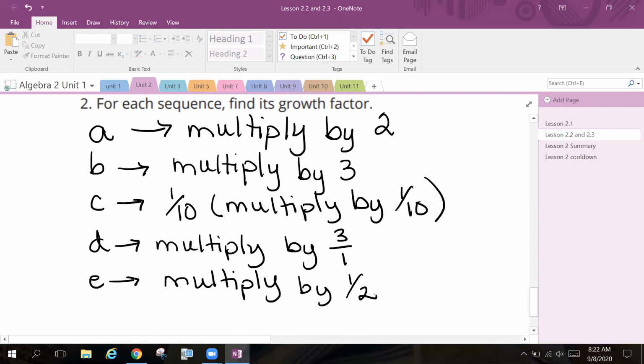Okay? And that's what geometric sequences are. It's a matter of figuring out the growth factor. Could it be a fraction? Yes. Can it be a whole number? Yes. But the whole thing with this lesson is that you understand that completing the sequence is multiplication of some constant. That's what's changing each time. Okay? Questions about that?